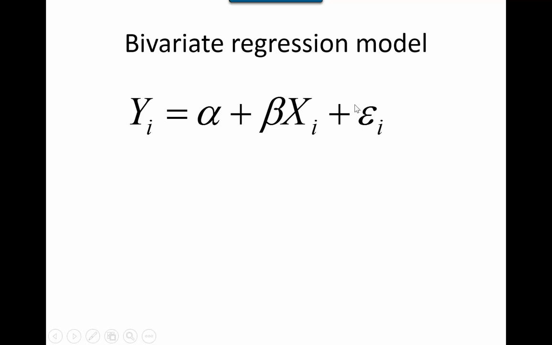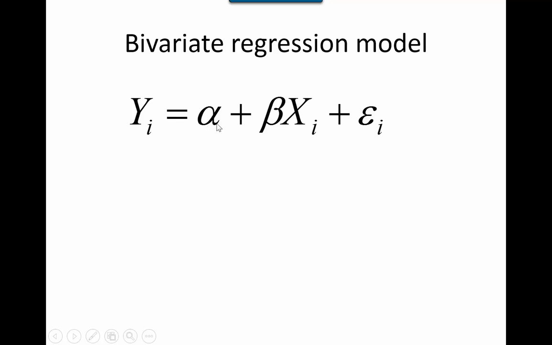So this is what a bivariate regression model looks like. We've got our y, our dependent variable in some terminology, and i represents the index of each observation. There's going to be an intercept.